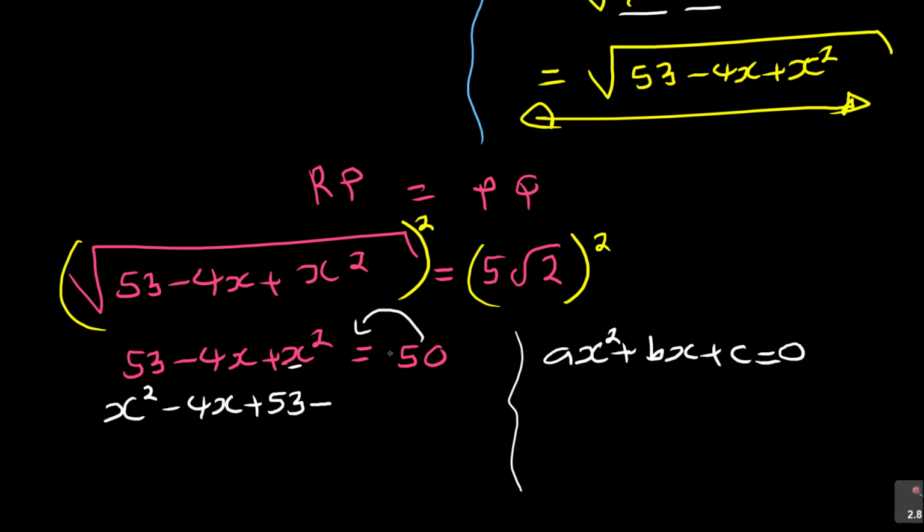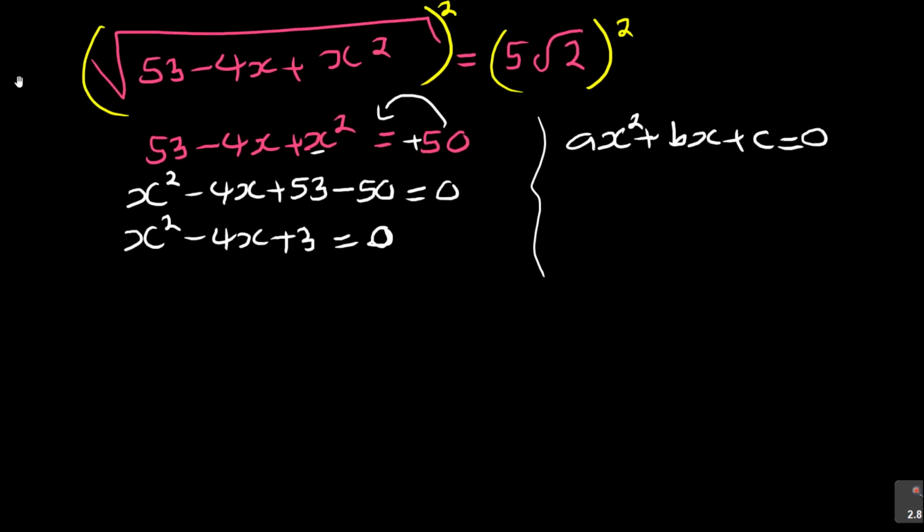It will be minus 50, because you jump the equal sign, equal to 0 now. Then you simplify it as x squared minus 4x, plus 3 (50 minus 53 gives 3), is equal to 0. Now you've got two options here.